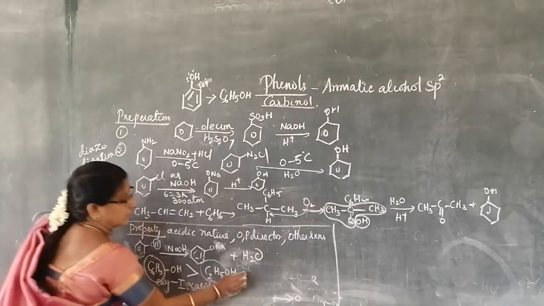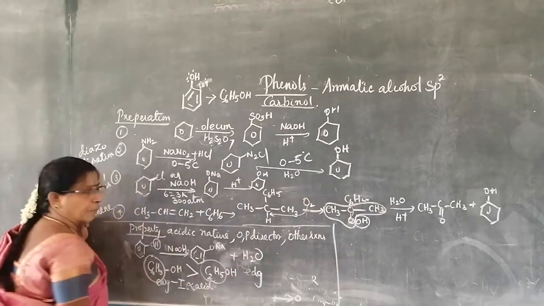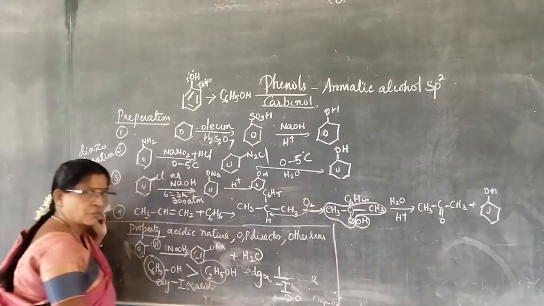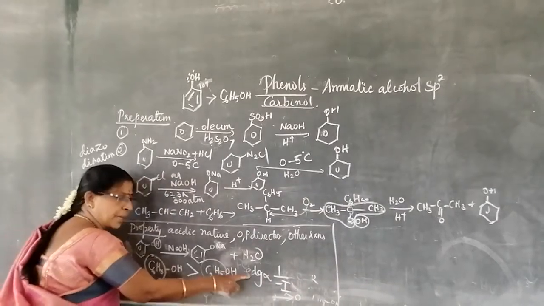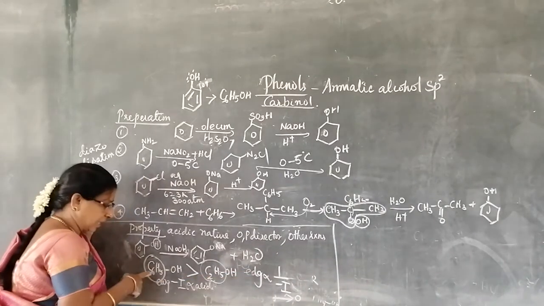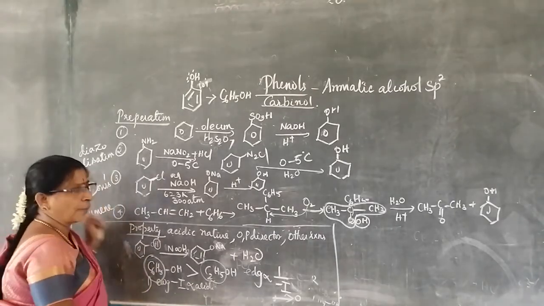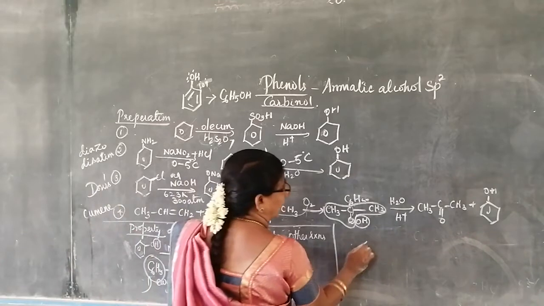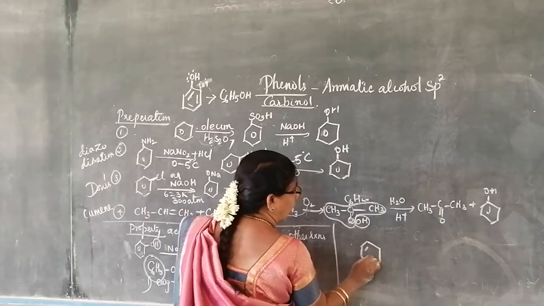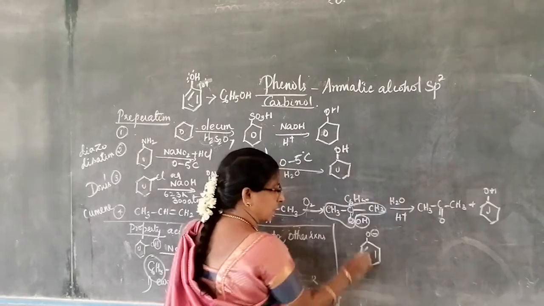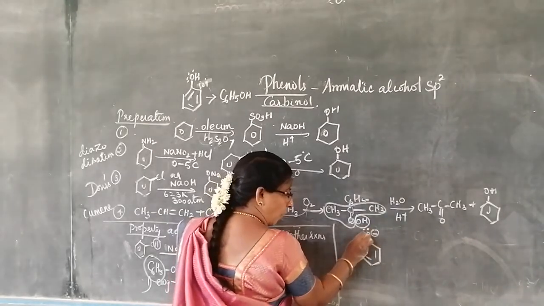The ethyl group is an electron donating group, which is inversely proportional to the minus I effect, so it will not encourage the acidity. This is the first point. Second point, after giving H+, the phenoxide ion is stabilized by resonance. Let us write the stability. How are they stable?